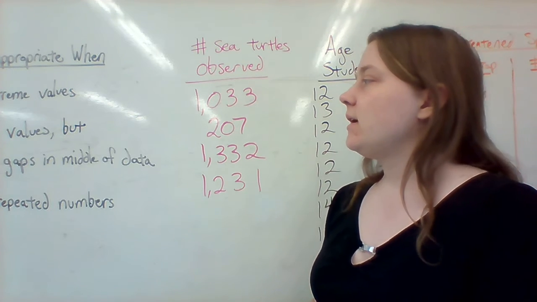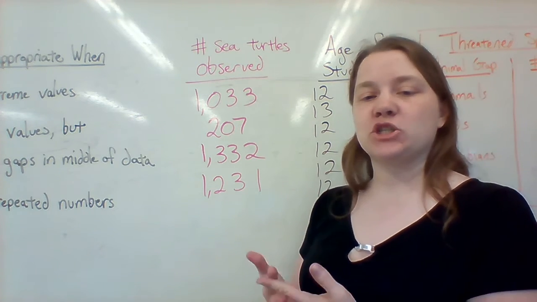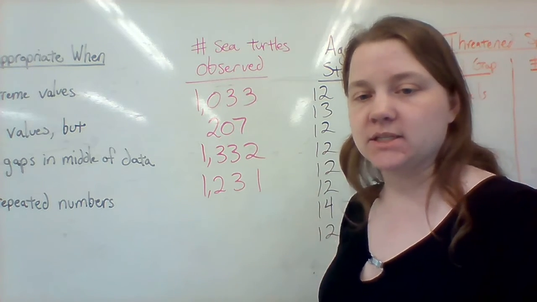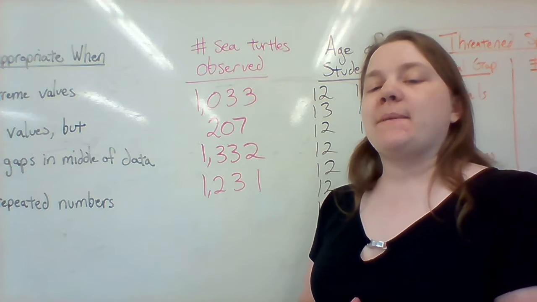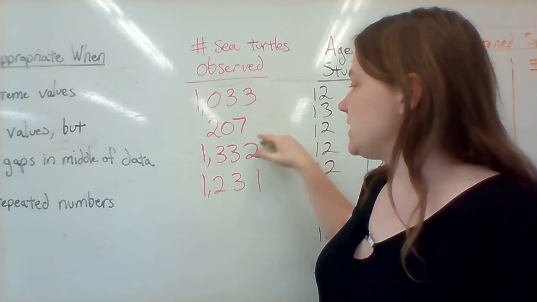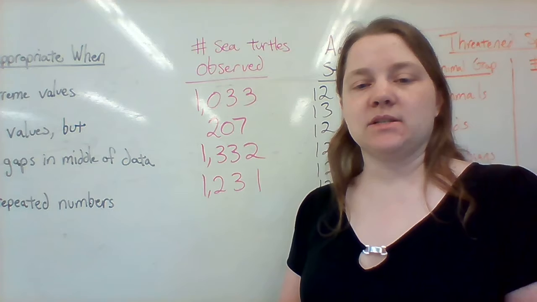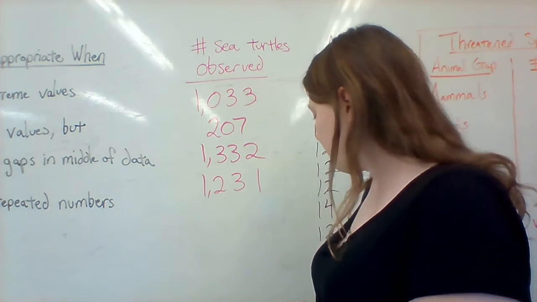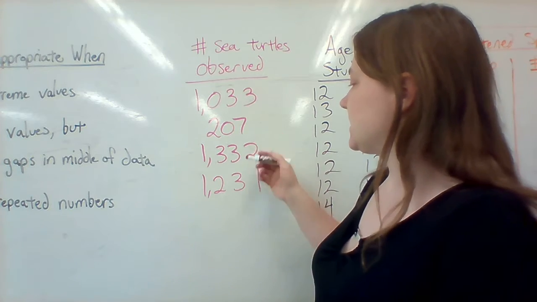Because this has an extreme value in it, that 207 is radically different from the rest. But there are no gaps in the middle of the data. All of these are somewhere in the low thousands, and because most of those are close together, we would use the median for this data.